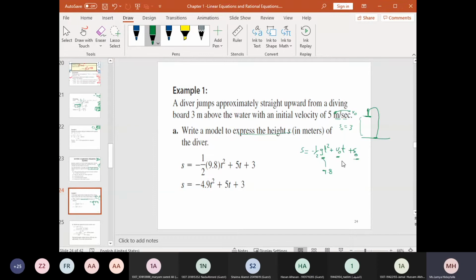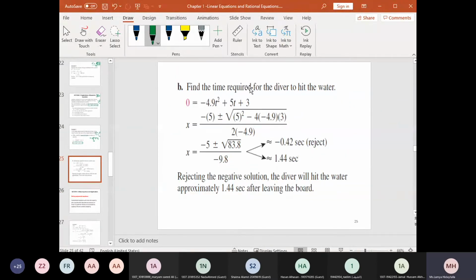And then we substitute here. This is the formula that, using it, I can know after any time how far the jumper is from the water, from the surface of the water.